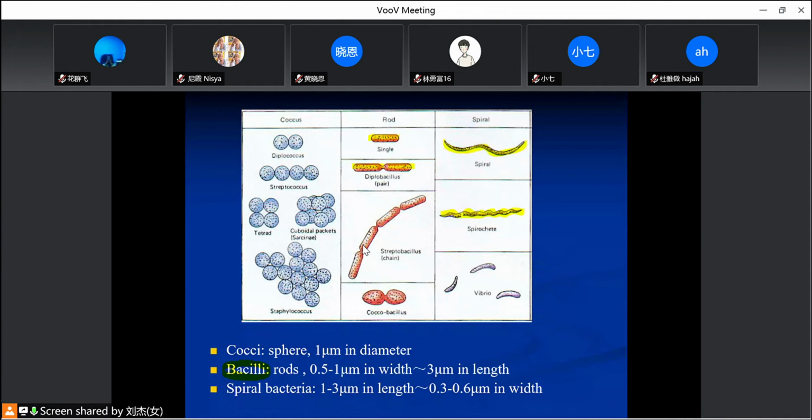DNA has a shape like this. And some of them are just like a banana, shaped like a moon. So there are three main groups of bacteria: coccus, rod, and spiral. Most bacteria can be divided into these three groups according to their shape.